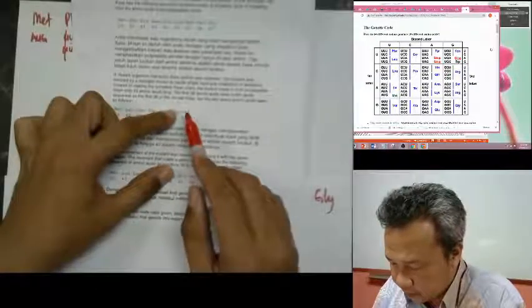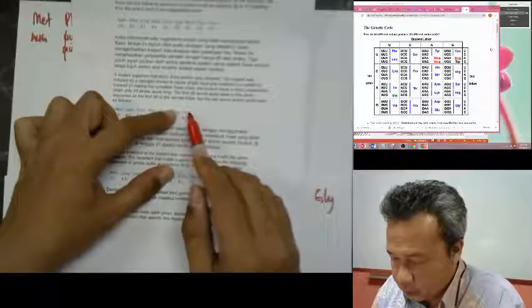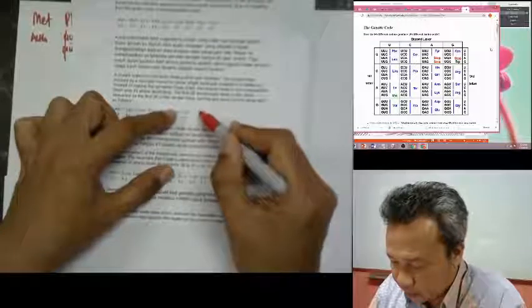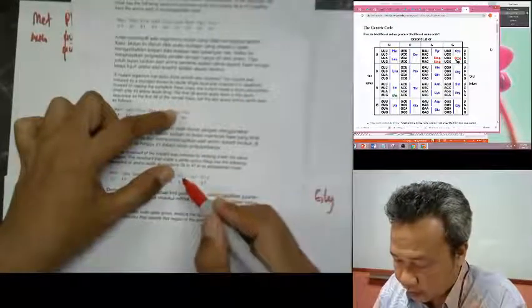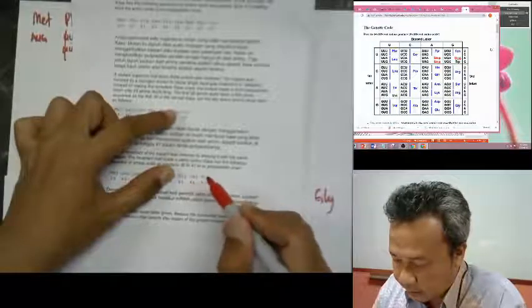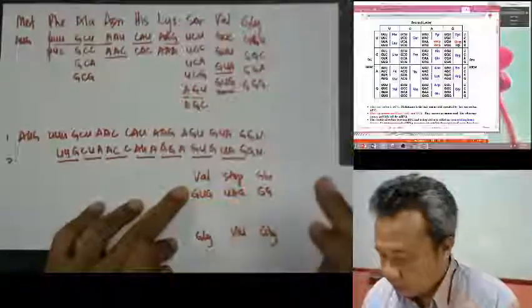And here you'll see that from val, and then there's a stop codon. It turns out it changes into glycine, val, and glycine.